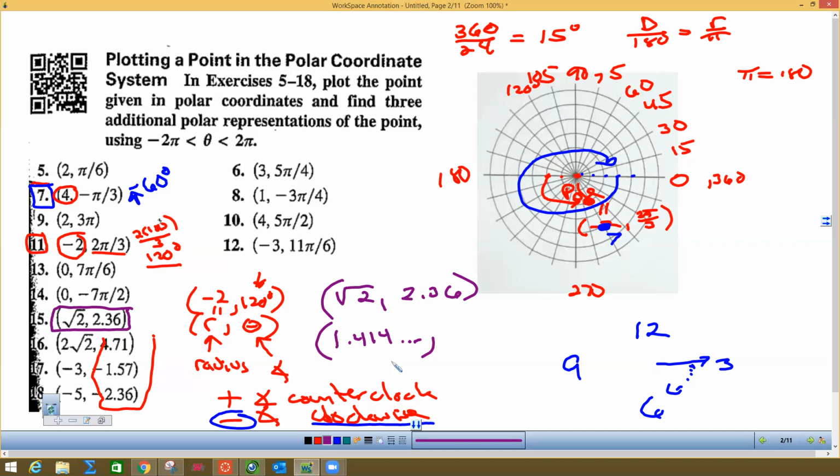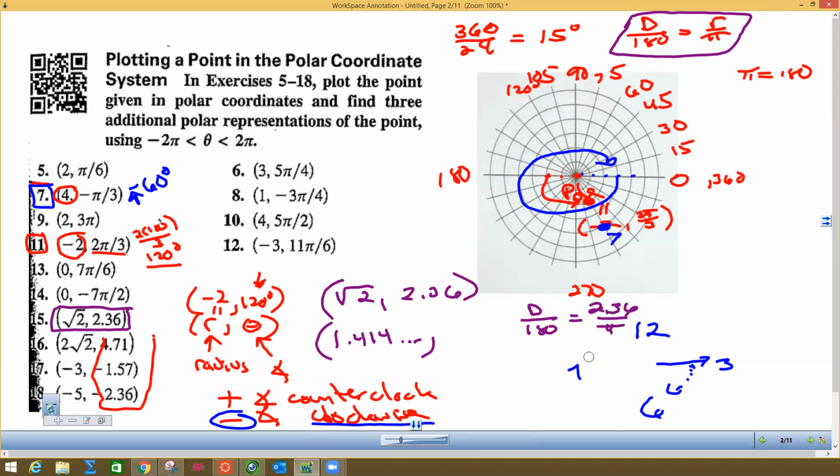What can I use that I've already given you to find out approximately how many degrees 2.36 is? Yeah, right up here. This formula I gave you is what I'm going to use. So I'm going to say D is to 180 as 2.36 is to pi. Then I multiply 180 over to the other side.